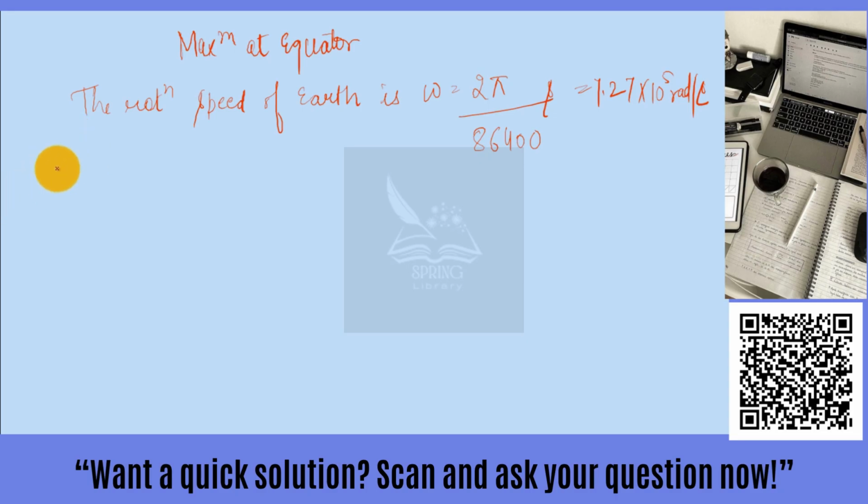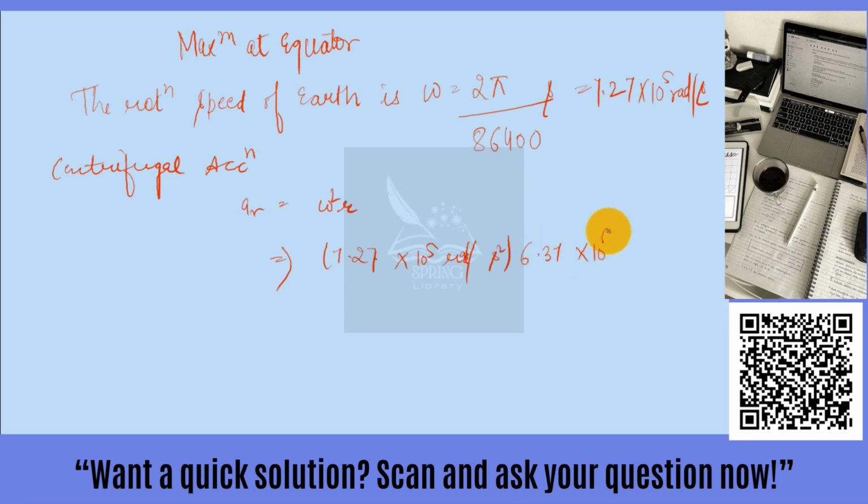Hence the centrifugal acceleration is a_R = ω²R, which is equal to 7.27 × 10^-5 radian per second, squared, multiplied by 6.637 × 10^6 meter.